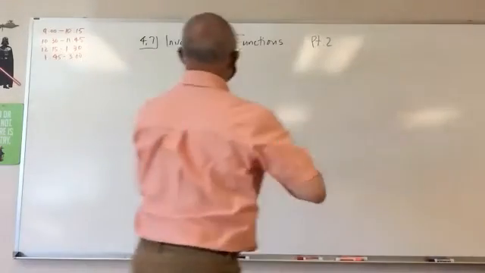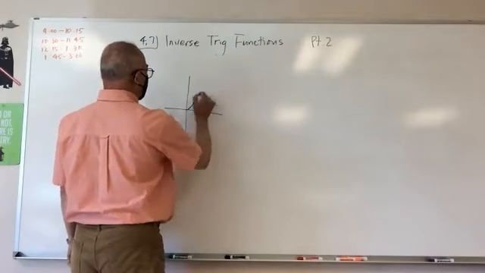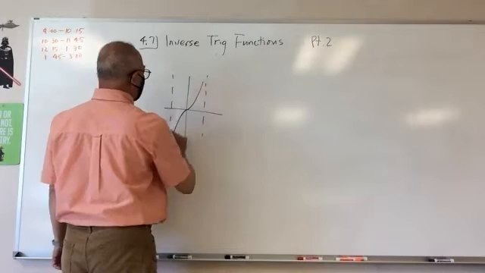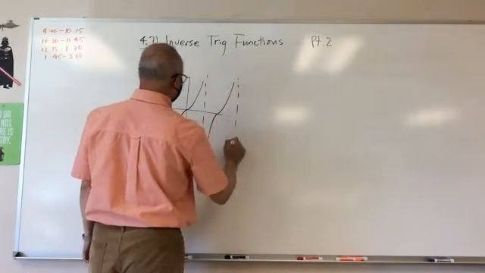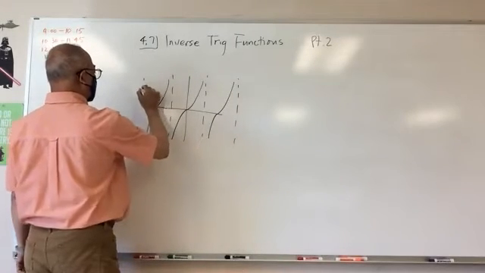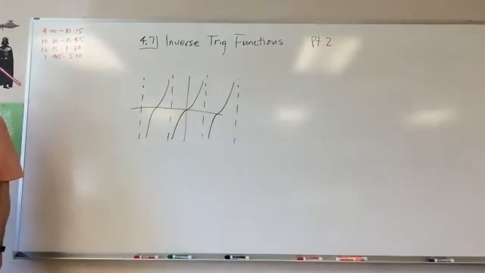So an arctangent is a little easier to guess how we're going to do this. The arctangent looks like this, right? This is the arctangent graph, and this is the tangent graph.